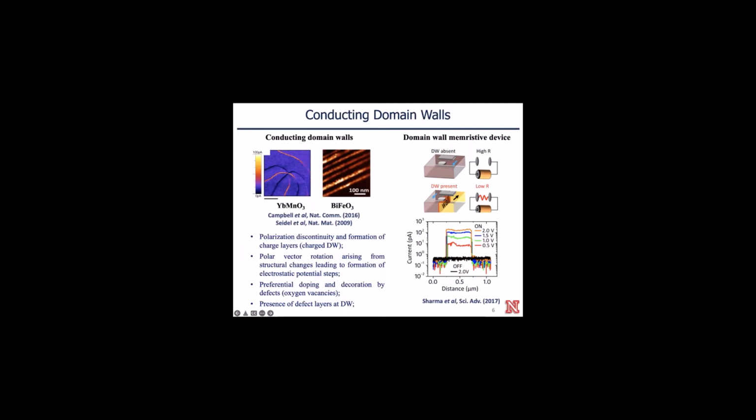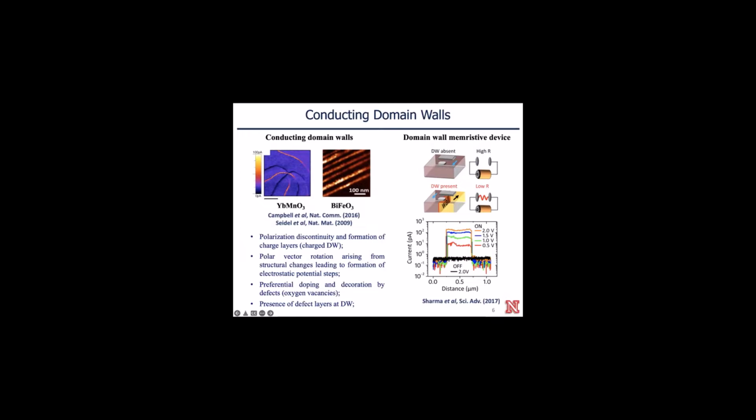Equally, the number of the conducting domain walls connecting these electrodes could be changed in a controlled manner by varying the amplitude of the applied bias. And therefore, we can create a series of distinct resistance states, making tunable memristive devices.